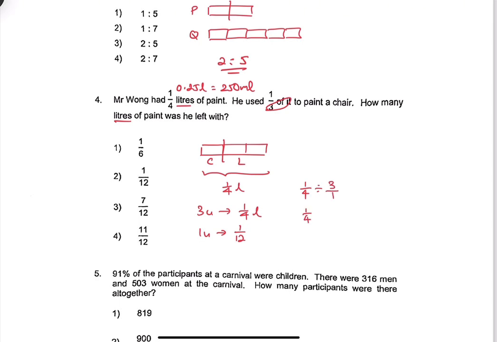You change it to 1/4 times 1/3. Hence, okay, you have 1/12. So 1 unit is 1/12 liters. Okay, you are left with 2 units. So hence, you times 2, that will give you 2/12. If you reduce to simplest form, it's 1/6. The answer is number 1.